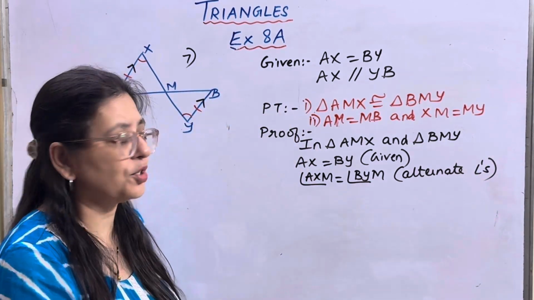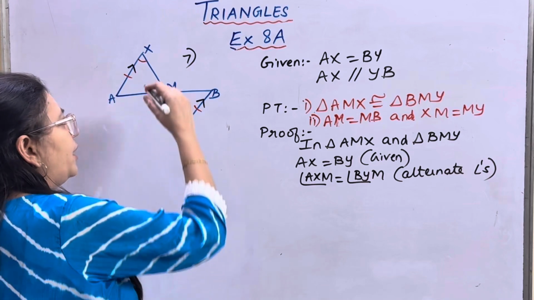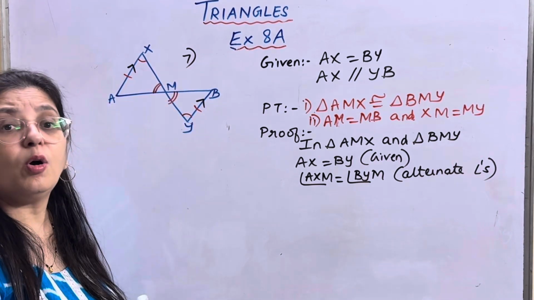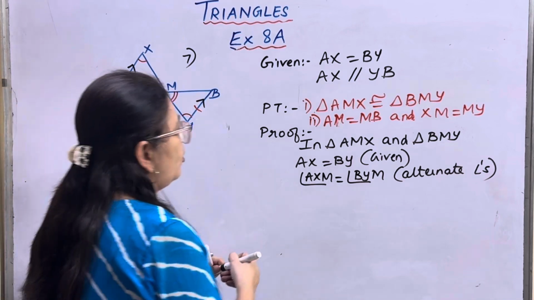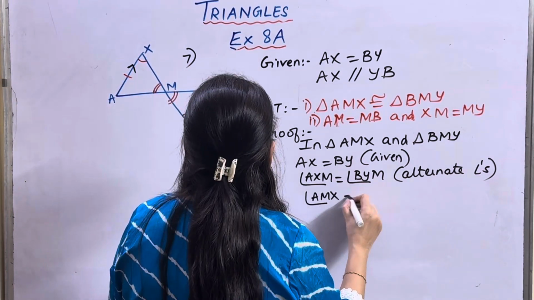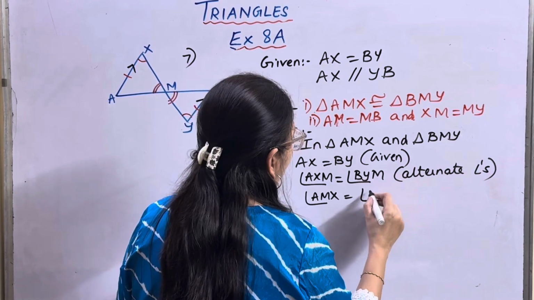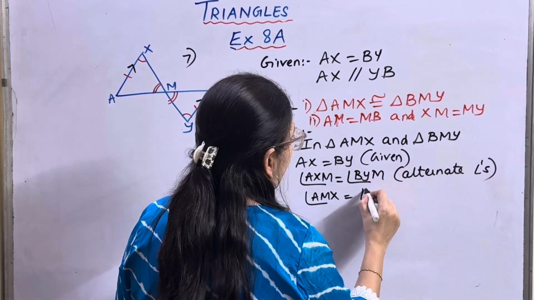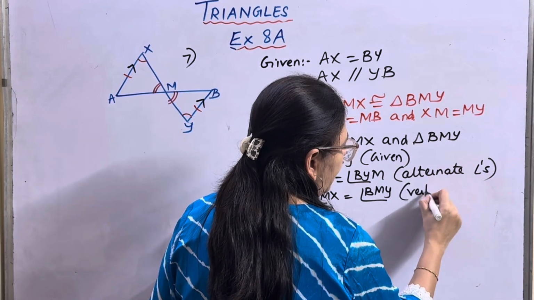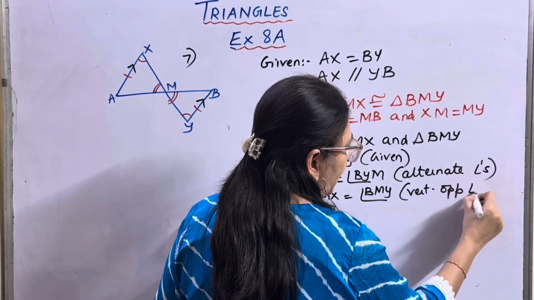What about the third condition? The third condition you can take as these are vertically opposite angles. So angle AMX is equal to angle BMY, vertically opposite angles.